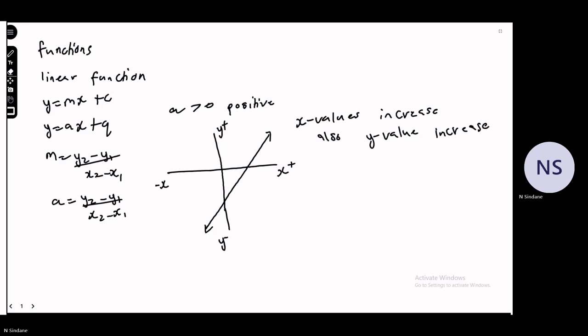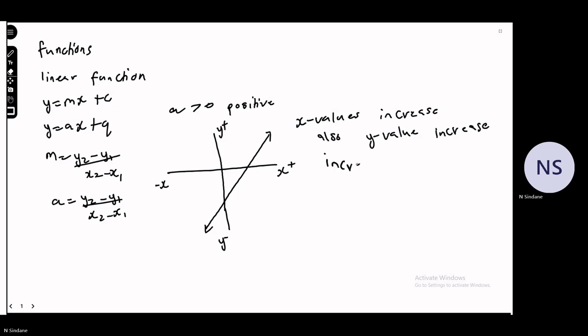Remember, whenever you are checking your graph, you always start from negative x in order, going to positive x. From negative x values we increase up to positive x values, and in the y values we also go from negative y values up to positive y values.